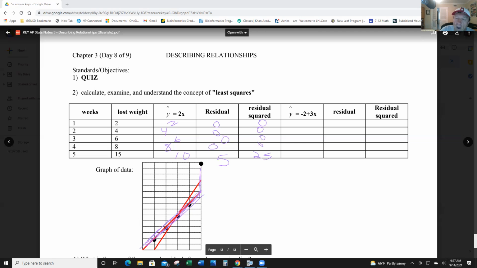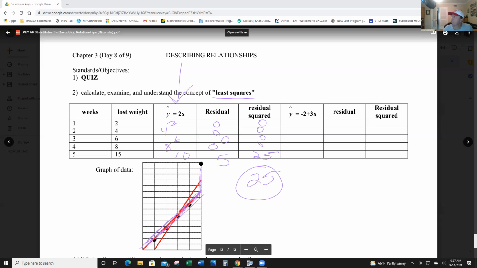And if I add all of the squared residuals up, I get a total of 25. Okay, so remember, the y equals 2x line in our example has a squared residual sum of 25. The least squares promises to minimize that.